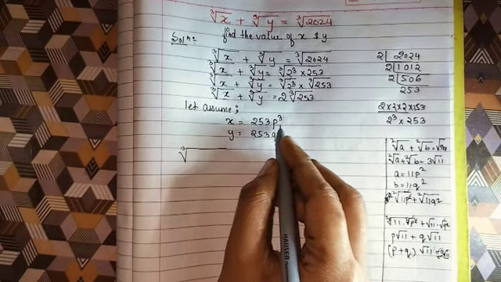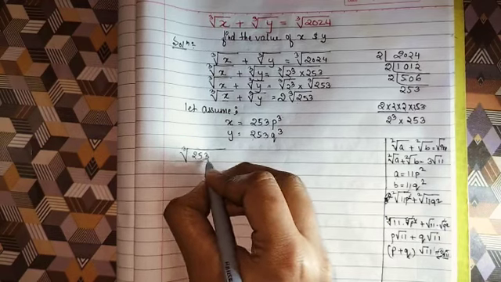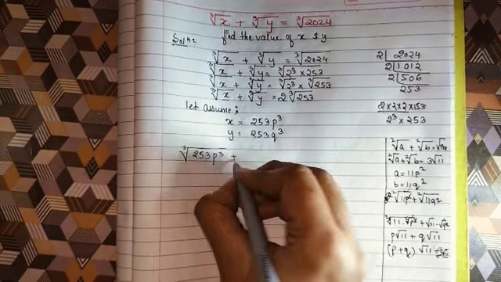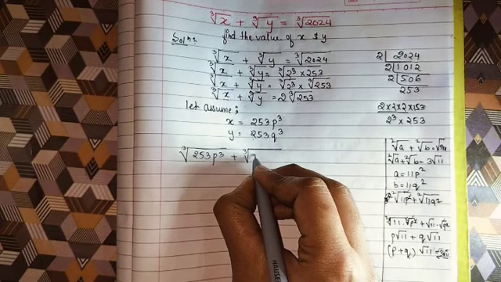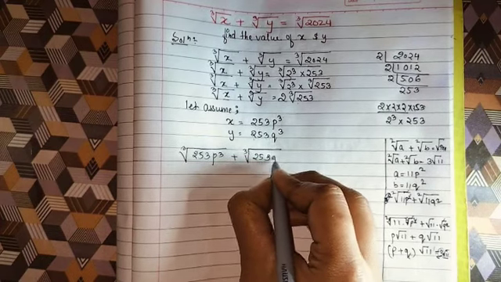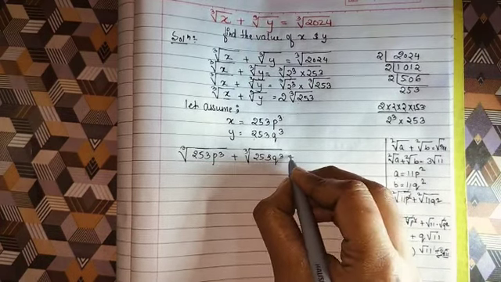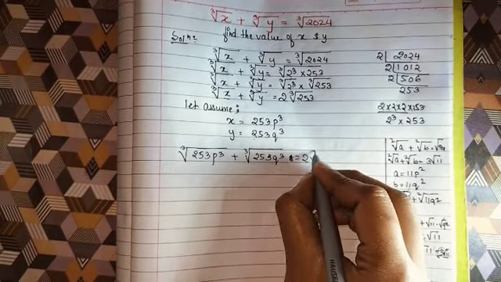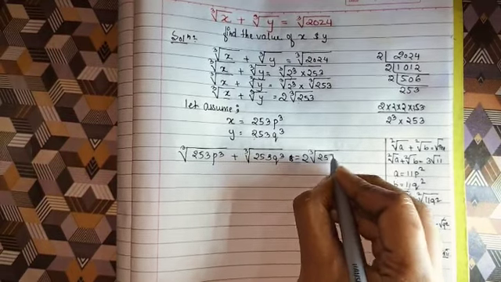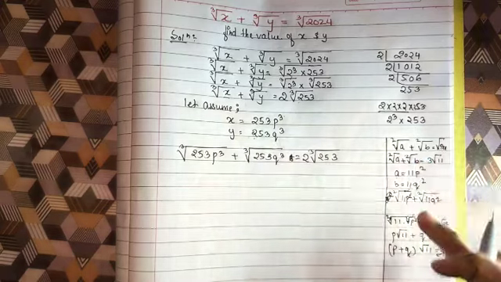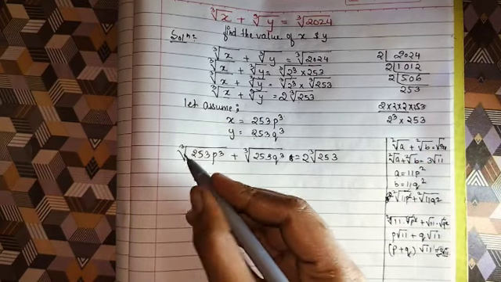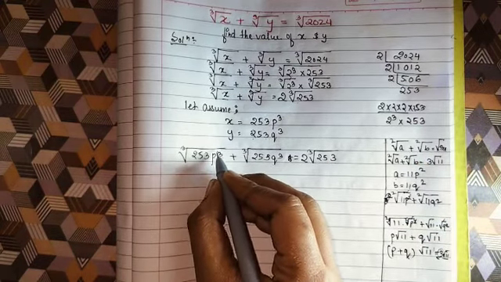So what is the value of x? That is 253 p cube plus y is cube root of 253 q cube, is equal to 2 cube root of 253. So now just like I have explained here with a simpler number, we will be doing the same thing here.